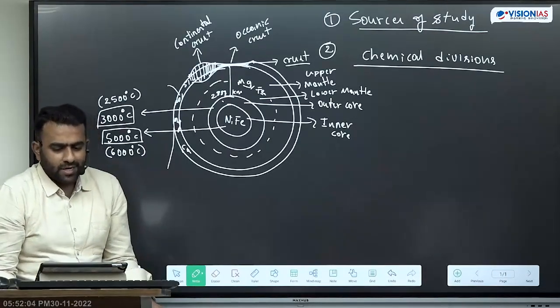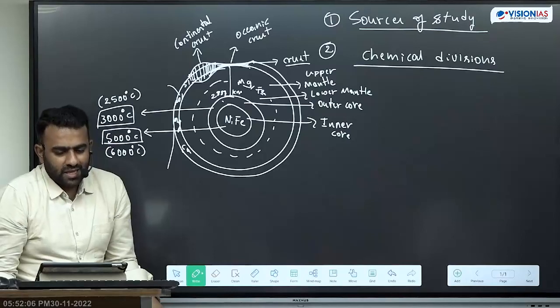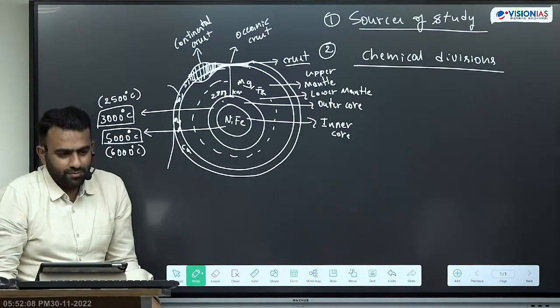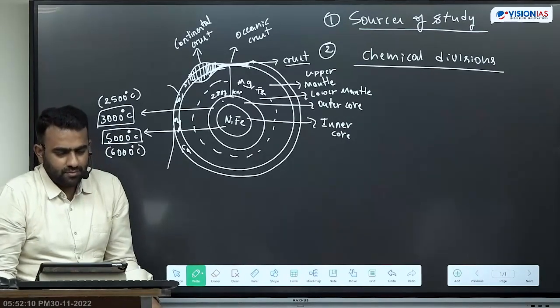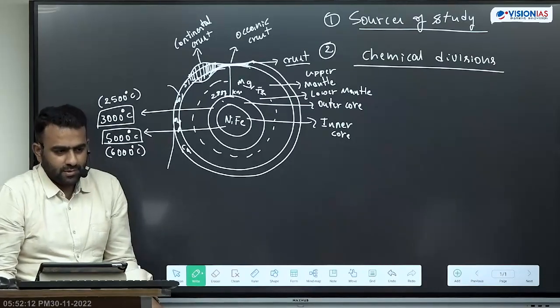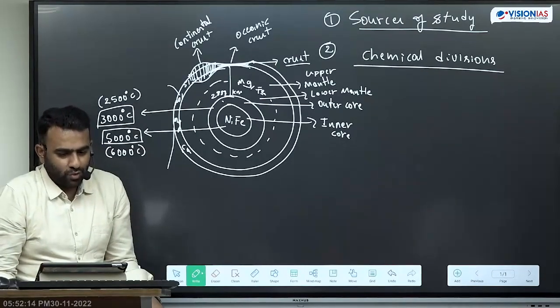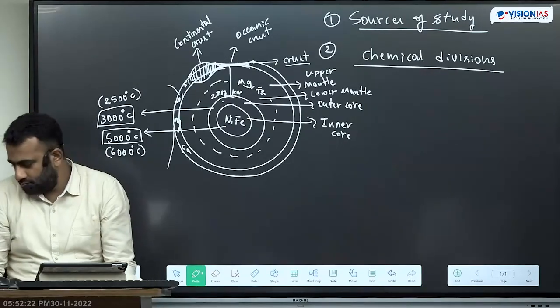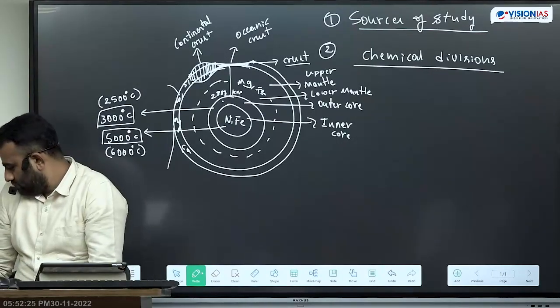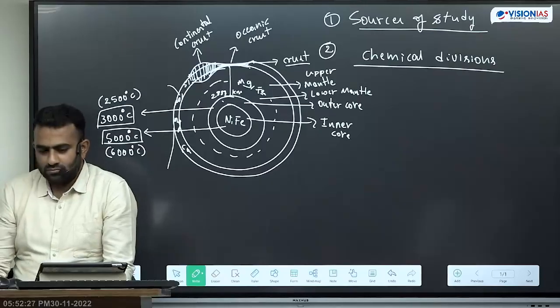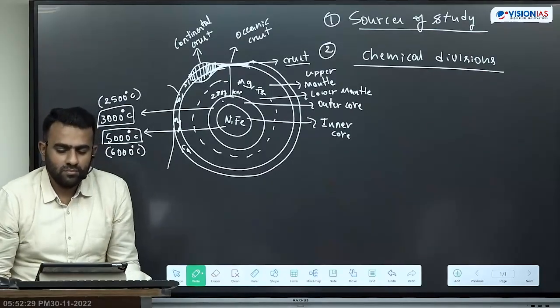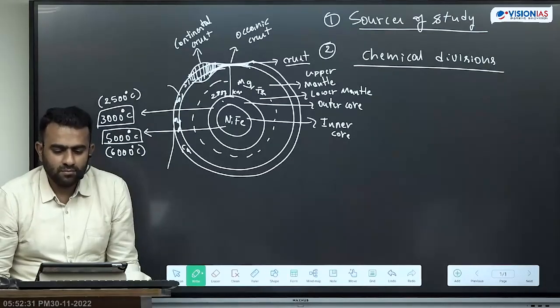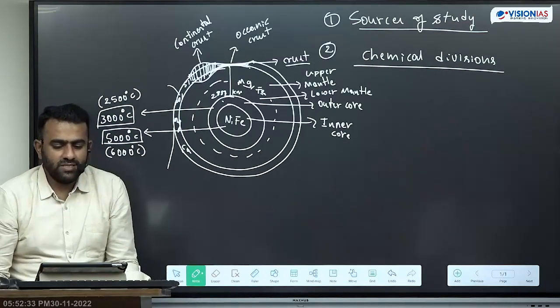It covers 83% of Earth's volume and 68% of Earth's mass.